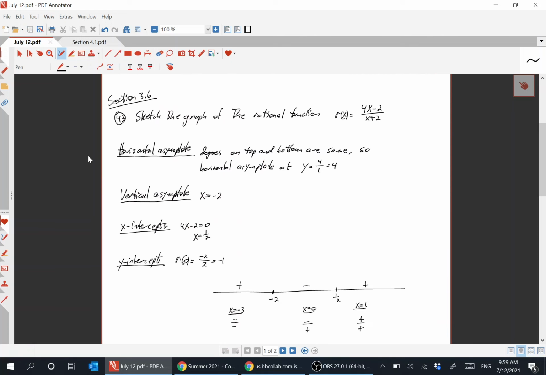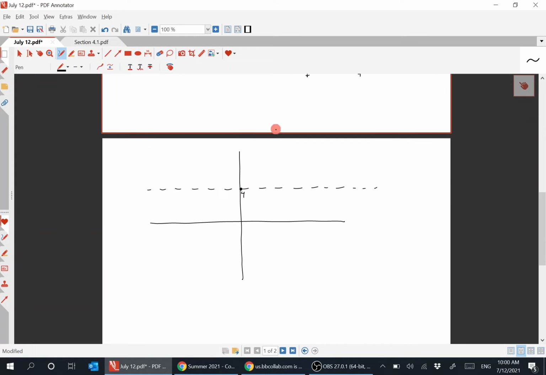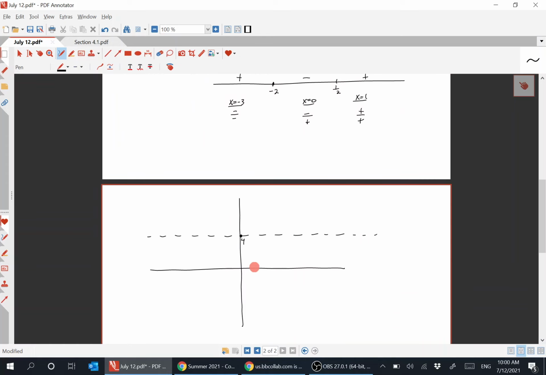Horizontal asymptote at y equal to 4, so we'll say right about here. X-intercept at x equal to a half, so right about there.